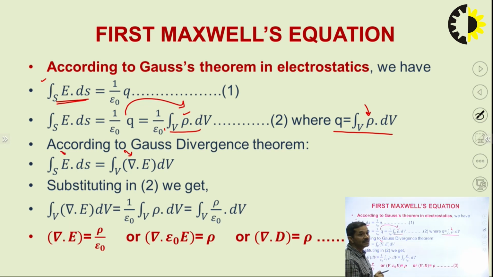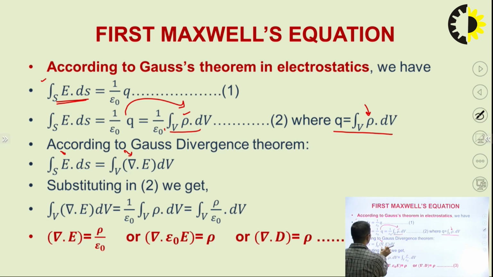So if we want to convert some surface integral into a volume integral, we have to take the divergence of this vector quantity. Now the left hand side will be in terms of the volume integral.